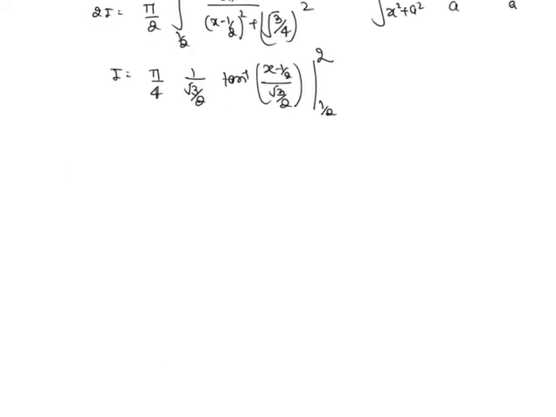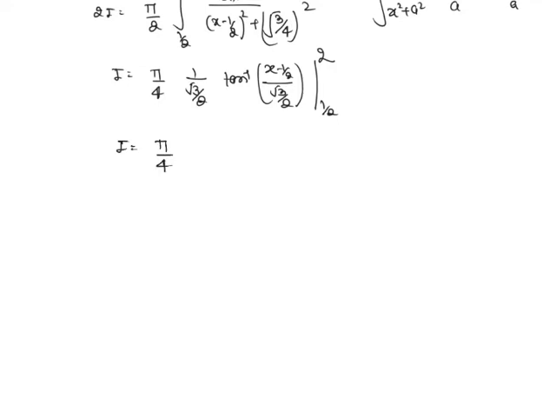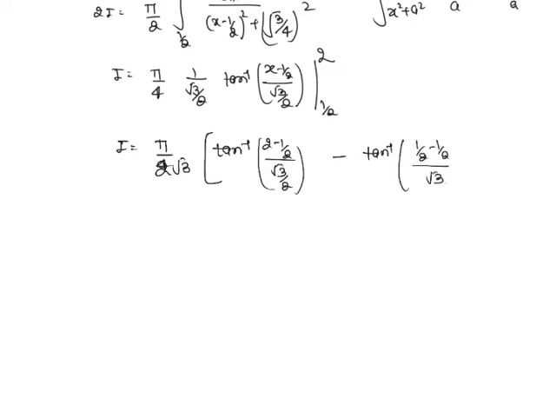Now if we put the limits, I equals pi by 4 into 2 by root 3, tan inverse, upper limit if I put, 2 minus 1/2 divided by root 3 by 2, minus tan inverse, 1/2 minus 1/2 divided by root 3 by 2. So this will be 0, tan inverse 0 is 0.